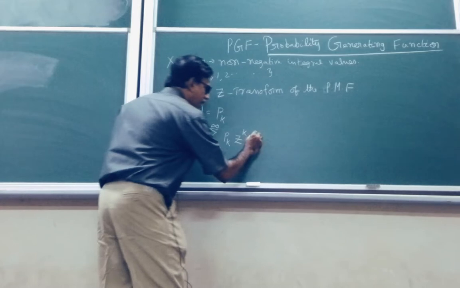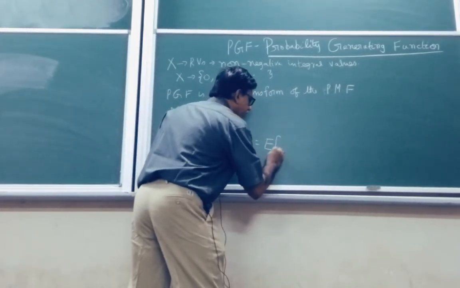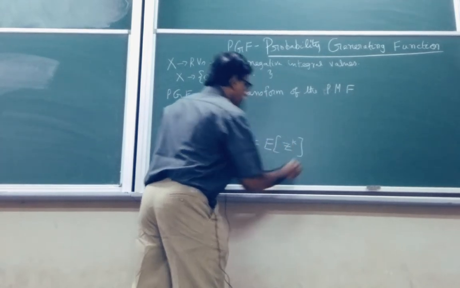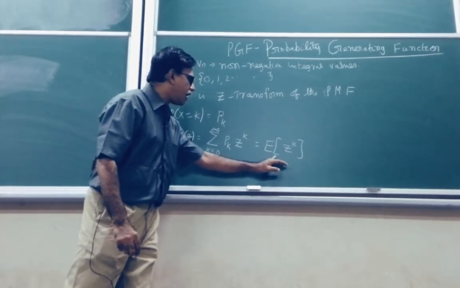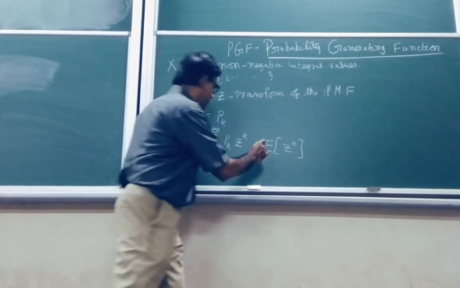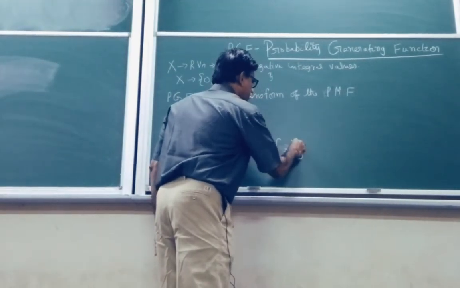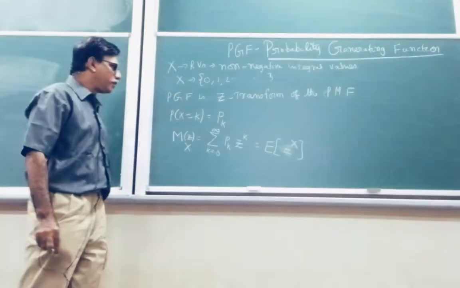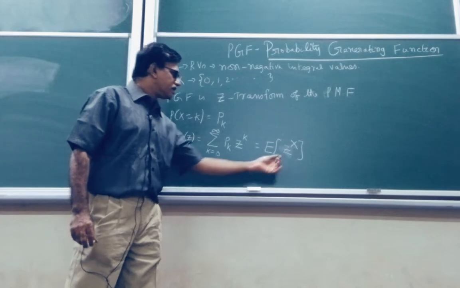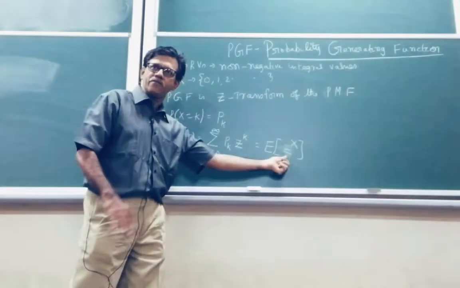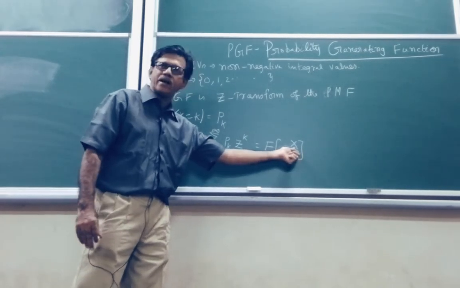So we can write this as nothing but the expectation of z power X. Z is the transform variable, X is the random variable.